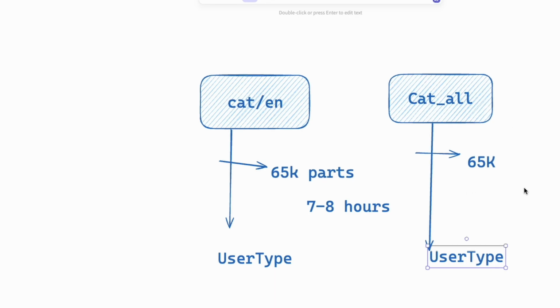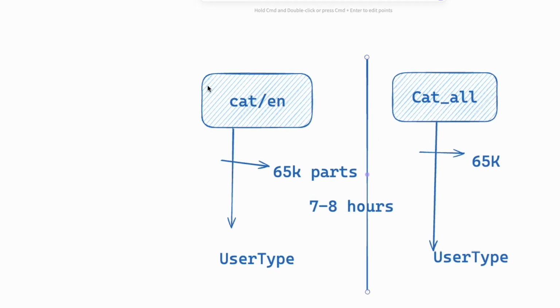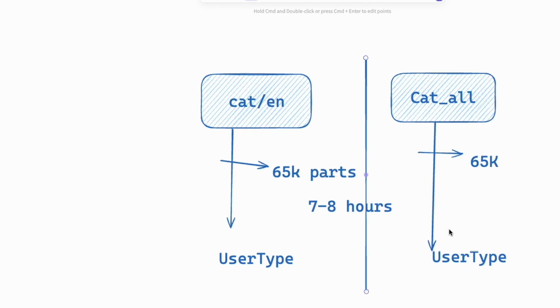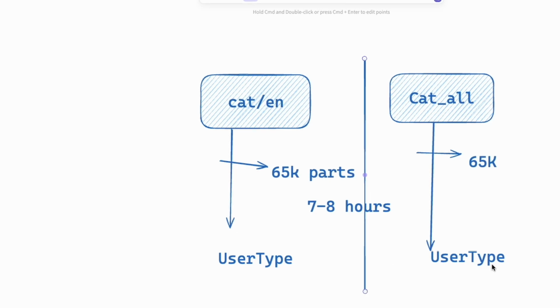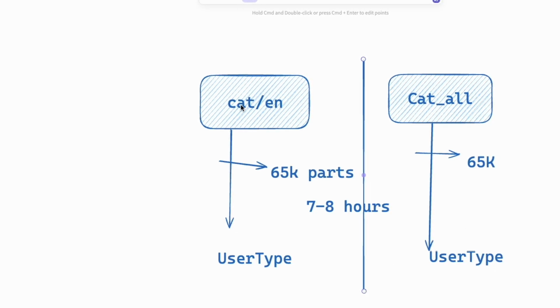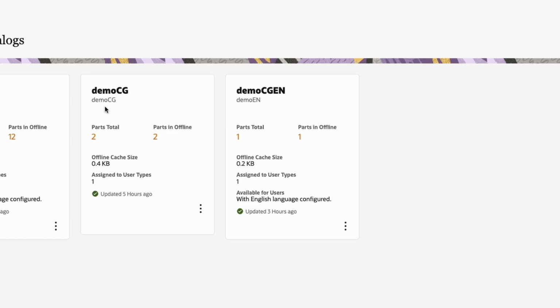So no downtime is required, and later we can delete this catalog. So if you have any problem with catalog, then create a new catalog. Once the catalog is loaded, you can assign the user type to the newly created catalog and delete the previous catalog. So here you can see the catalog is created and two parts are loaded.